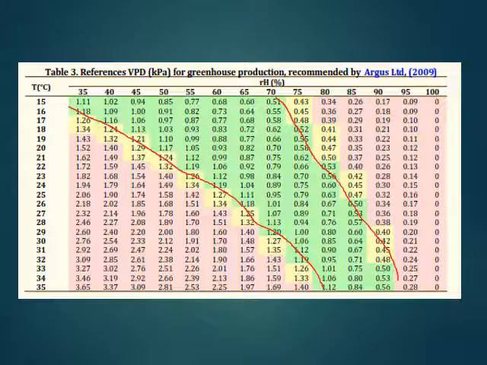The main reason is because, let's say you on your computer system say, look, I'm going to set my VPD to be 0.9. And the computer will open and close the vents and modulate the greenhouse to manage a 0.9 VPD.